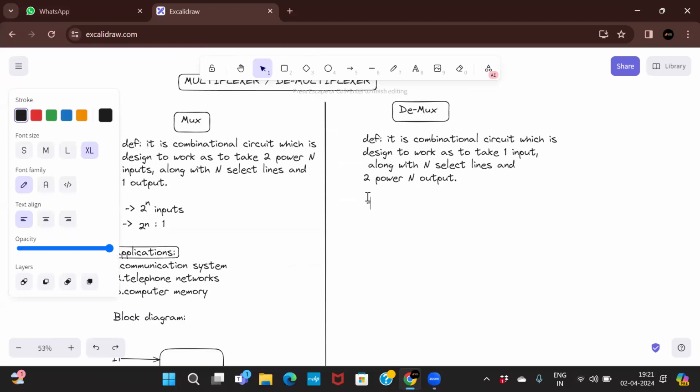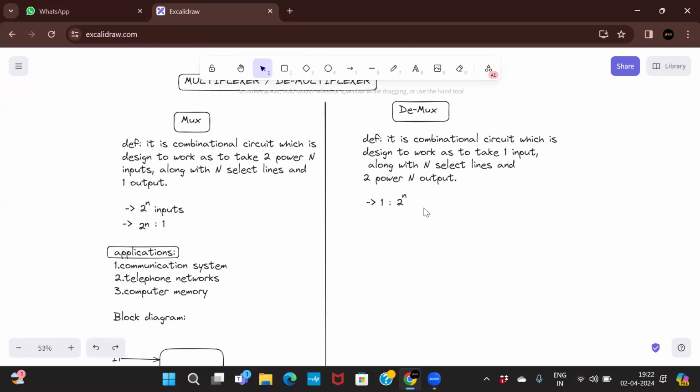Similarly, just look here. Are you getting it right? One input, 2 power n outputs.